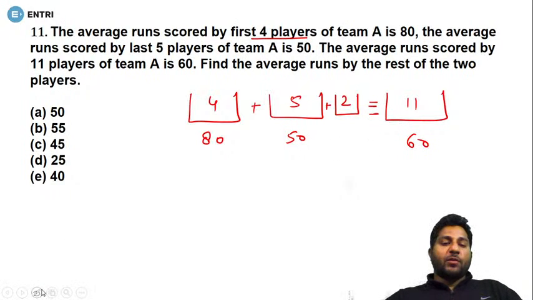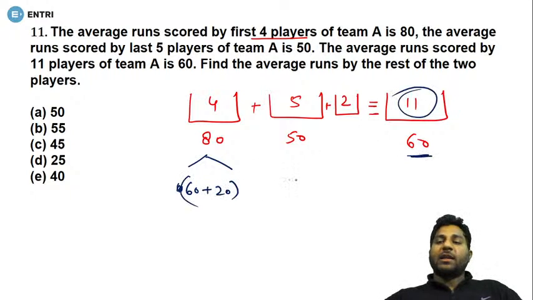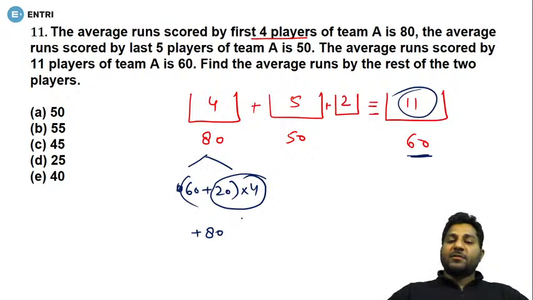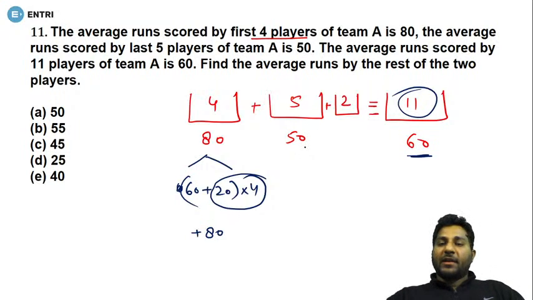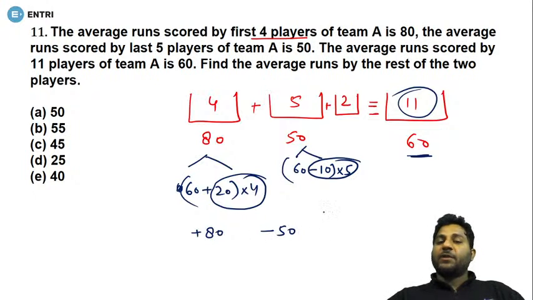Look at this. If you are going to compare this, you can compare it by 60 plus 20, because we are comparing with the total 11 players value. This 80 runs will be more, but here we can clearly see that we have been short by 10 runs for 5 players. That means we have been short by 50 total runs, and that makes the difference 30 in advance.